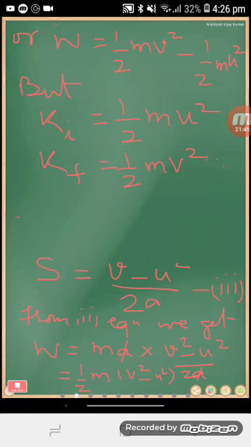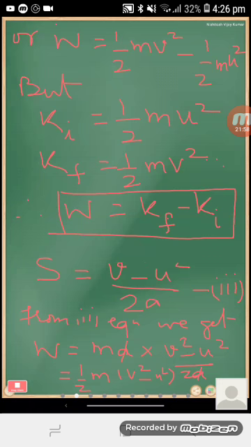Therefore, W can be written as Kf minus Ki. And this is your work energy theorem.